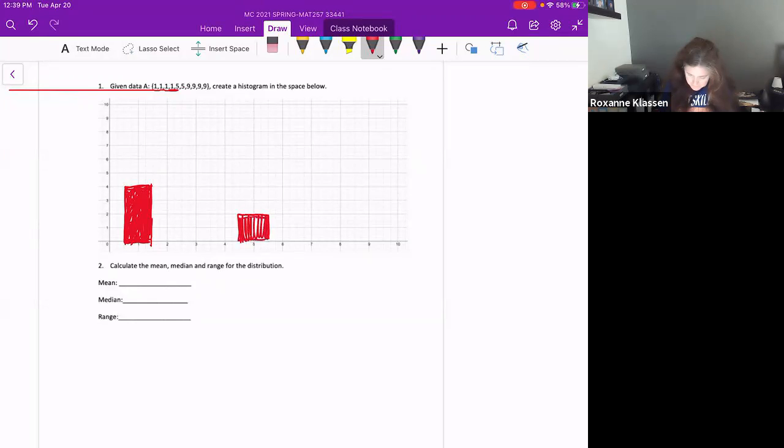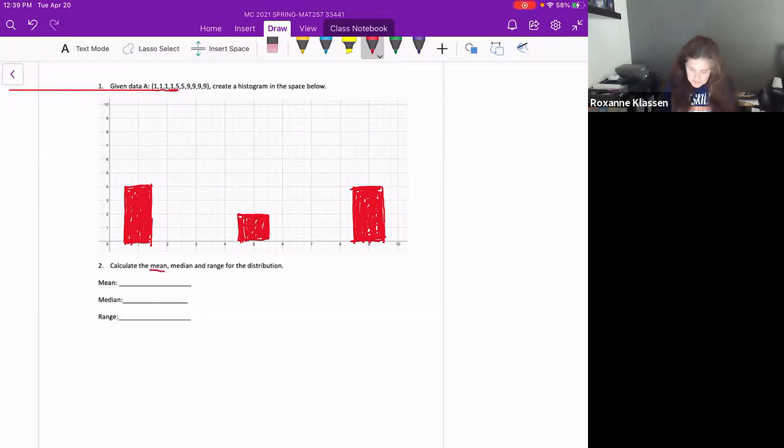There's my 2 5s. And then I have 4 9s. I just made them 4 columns wide because it fit very nicely. On your other ones, you will have bars that touch. Mine don't touch because I have no data there. We can have gaps in histograms if we have missing data. So that's my histogram.